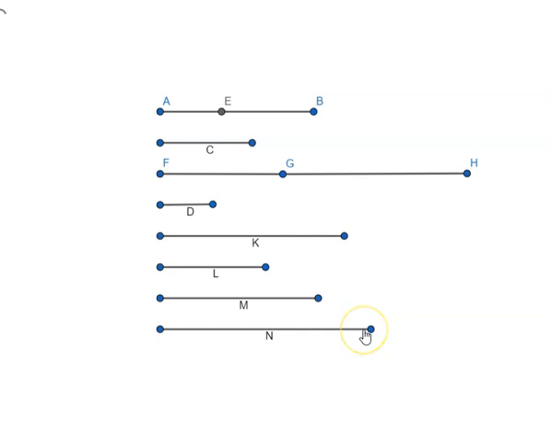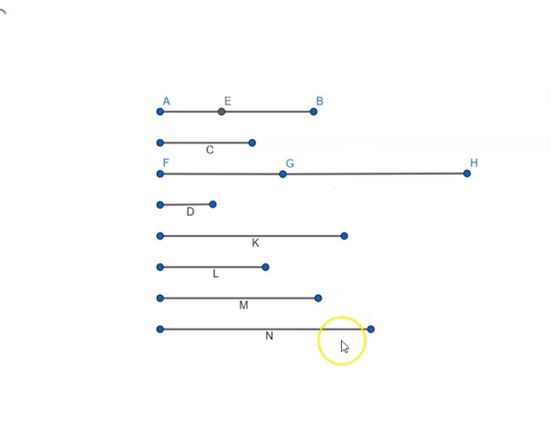So using definition 5.7, we can say that the ratio of AB to D is greater than C is to D. Now, looking at it the other way around, following the same logic, we can say N is greater than K and N is not greater than FH.